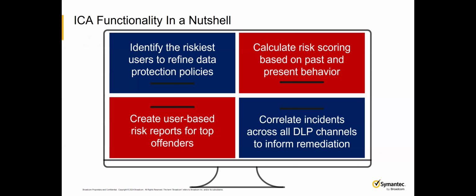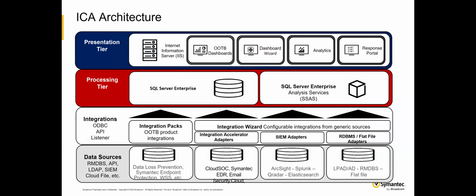So if we have a look at the architecture of ICA briefly, ICA has 4 infrastructure component levels or layers. They can be deployed in a 2 or 3-tier server configuration. Firstly, there's the presentation layer, which is your ICA application with its dashboards, be that out-of-the-box or customizable dashboards, its analytics view, and the response portal.